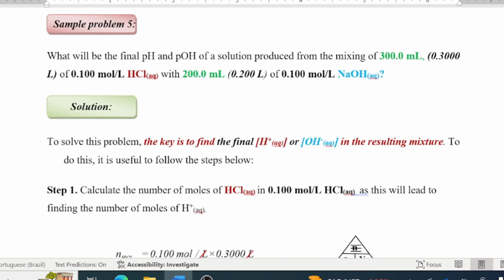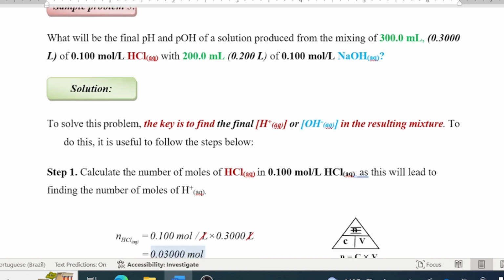What will be the final pH and pOH produced by mixing 300 milliliters of 0.1 mole per liter HCl with 200 milliliters of 0.1 mole per liter NaOH? This is how we go about doing that. So we have a certain volume of HCl of known concentration.